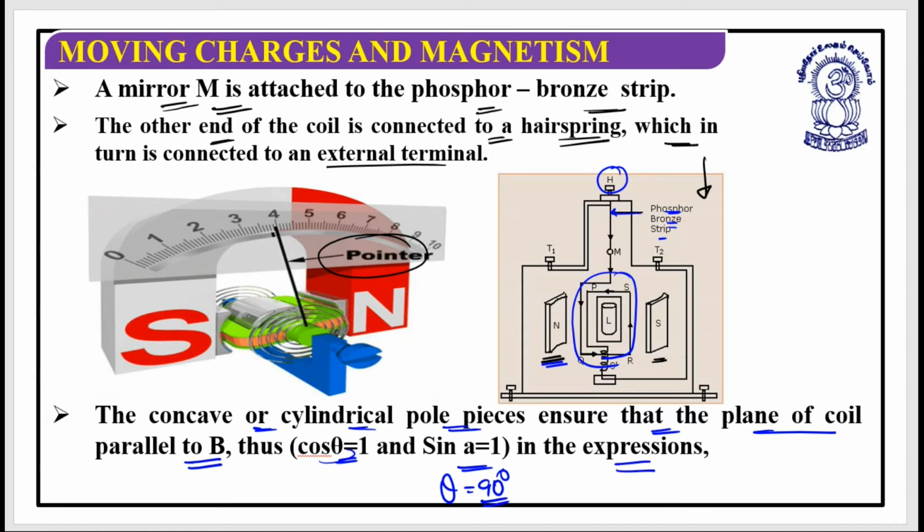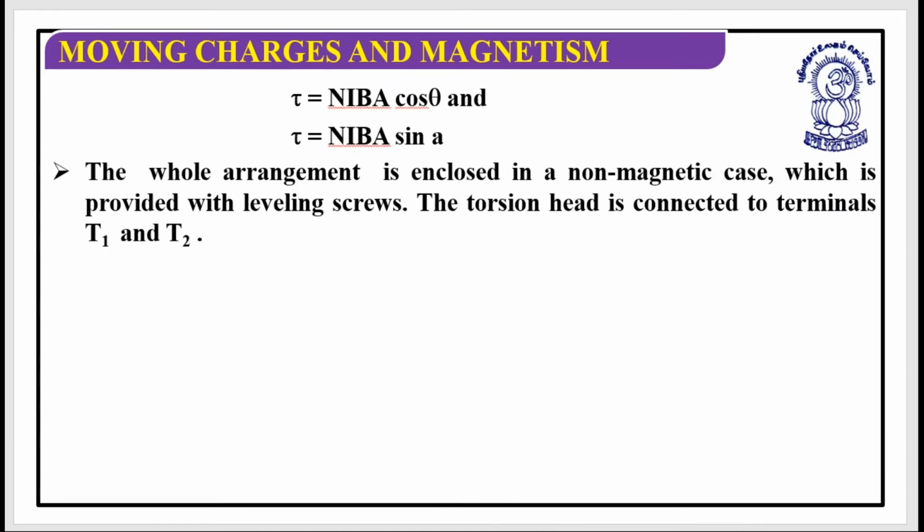Yes, so in this expression, torque could be equal to NIBA cos theta, and NIBA sin alpha. This is the symbol of alpha.